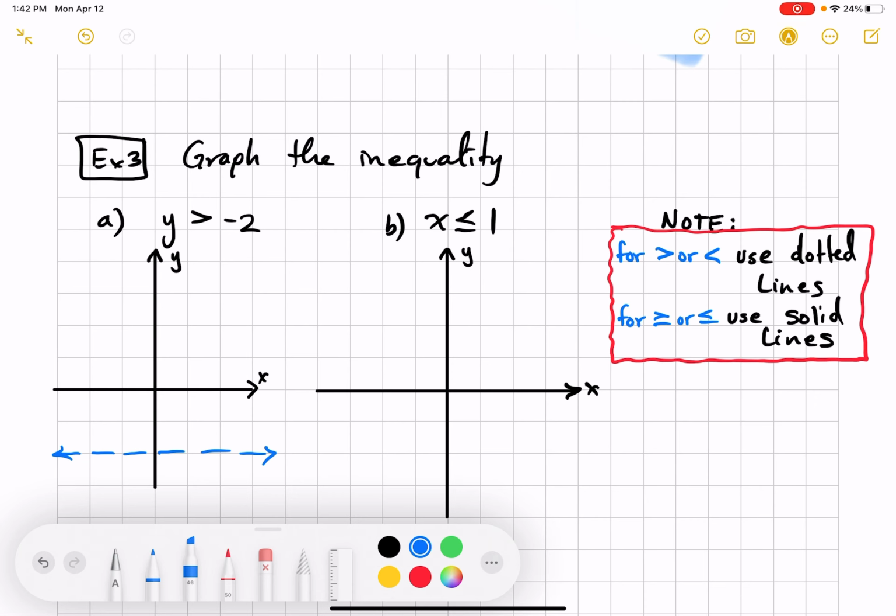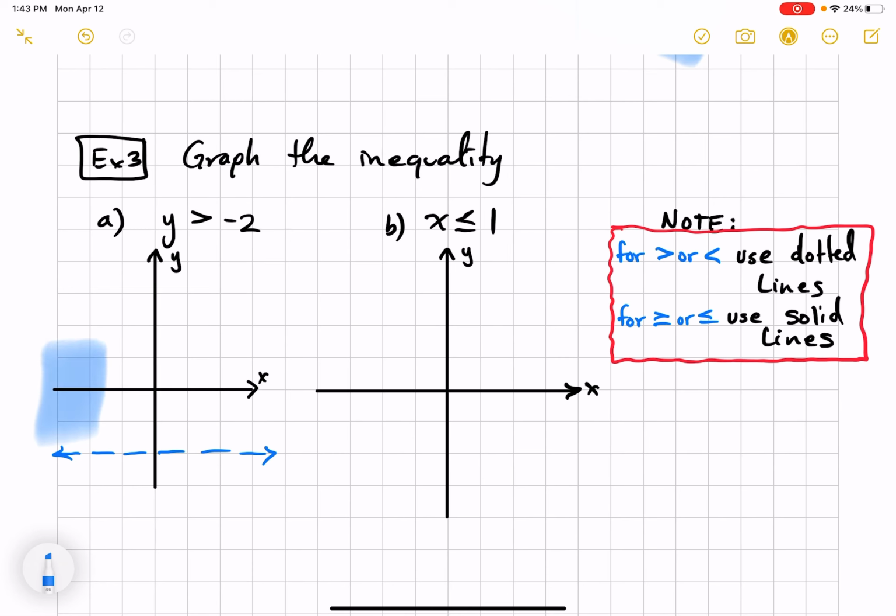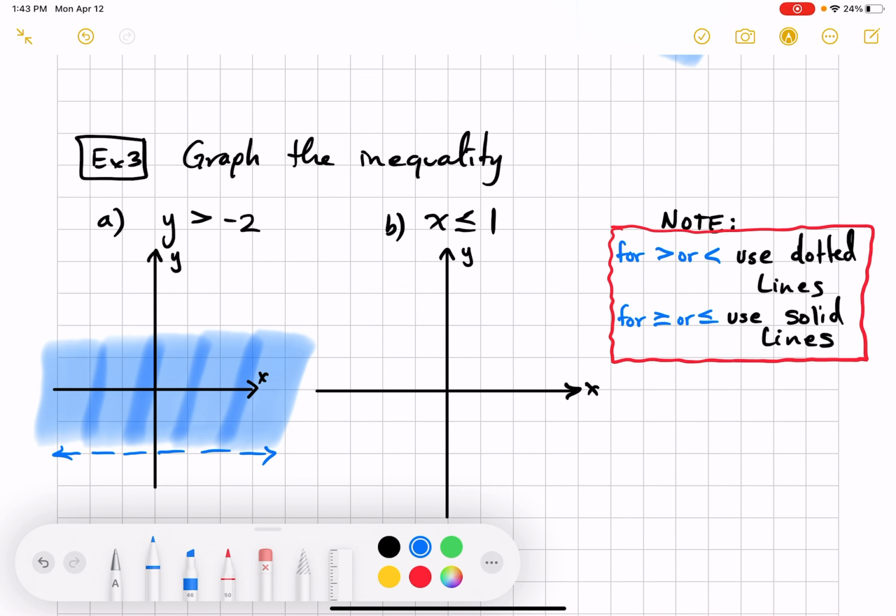And here, on example 3a, since we're talking about y is greater than -2, greater than means on top of it, so up here. So we're going to be shading all of this region, and that's where all the solutions are. Okay, if you look at example 3b, x is less than or equal to 1.